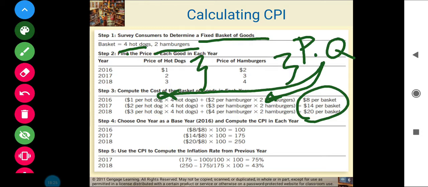And then the fourth step, we choose 1 year as the base year. Because the first year is 2016, this year becomes the base year.